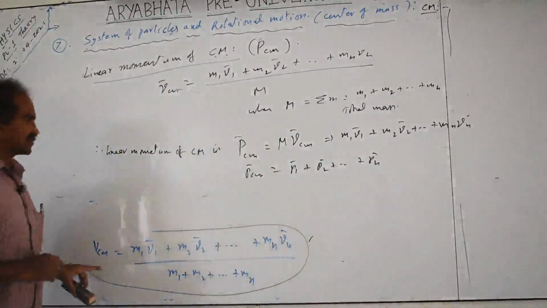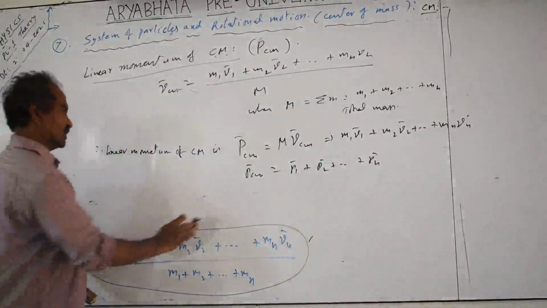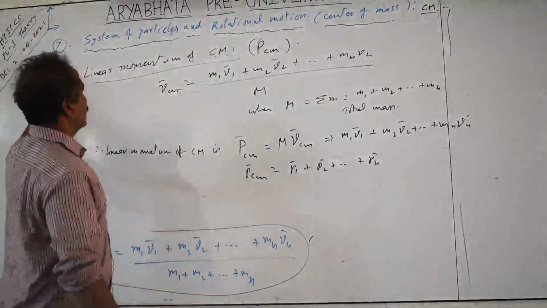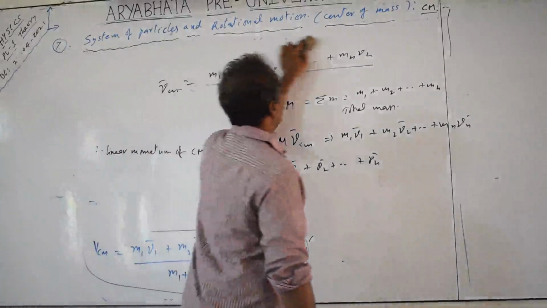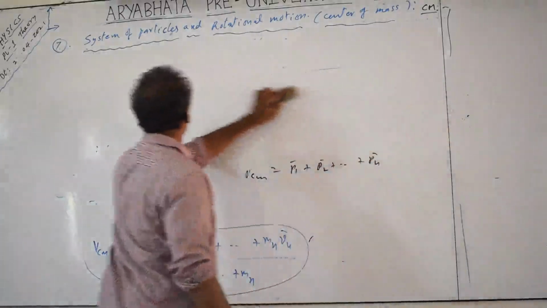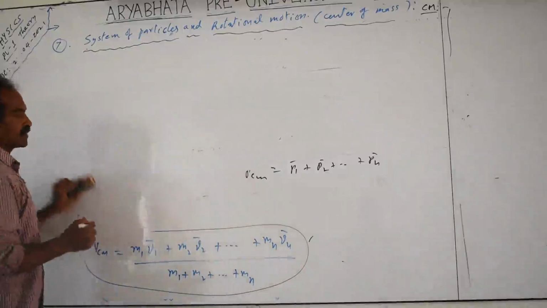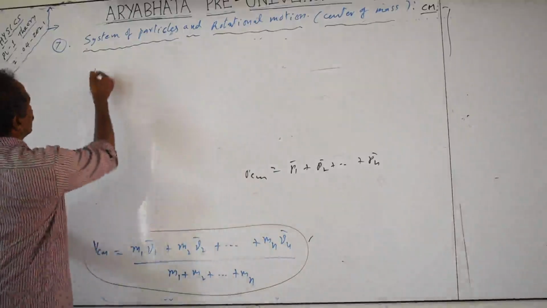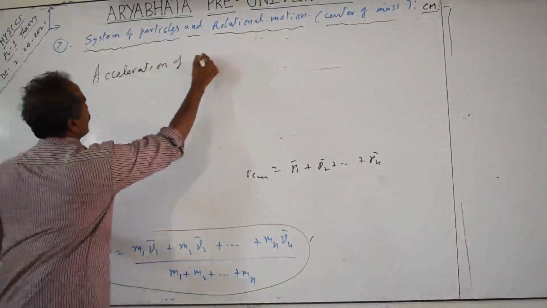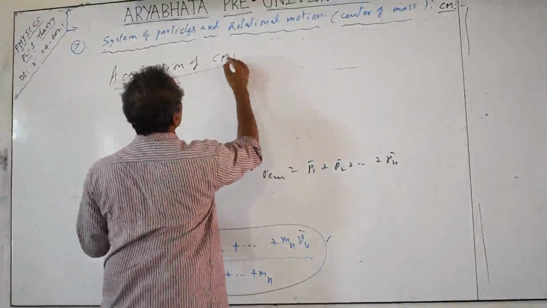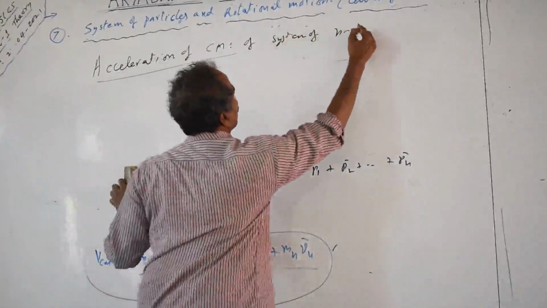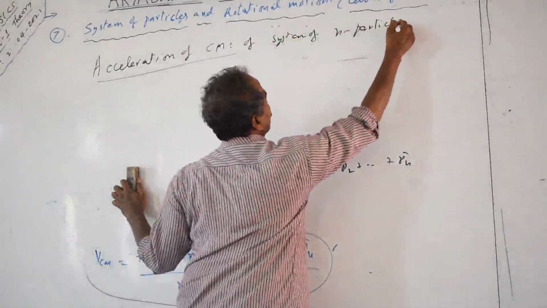Next we want acceleration. For acceleration, differentiation of the velocity is nothing but acceleration. Next point is acceleration of center of mass of a system of n particles.